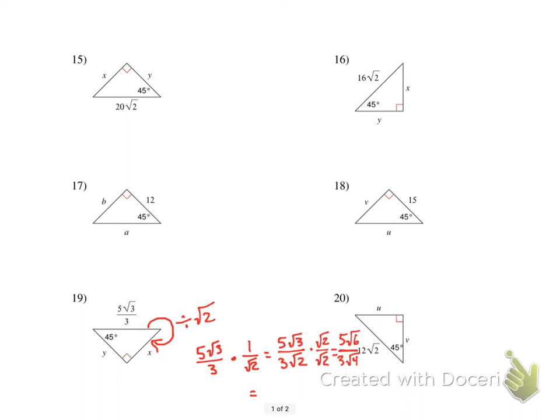So I've got 5 square root of 6 over 3 times 2. 5 square root of 6, we'll keep that the same. What's my denominator now? 6. Can I simplify this in any way? No, at this point we are done. That is the simplest form of our answer. It doesn't look very nice, but you could have problems like this. That's about as complicated as it gets.